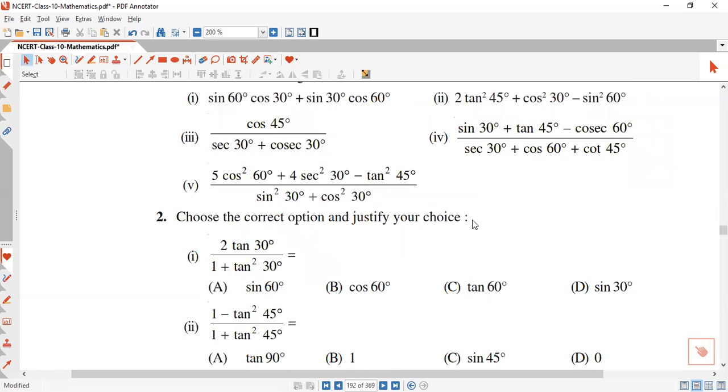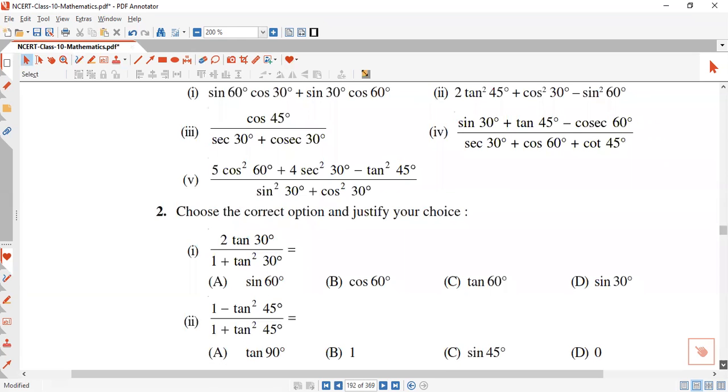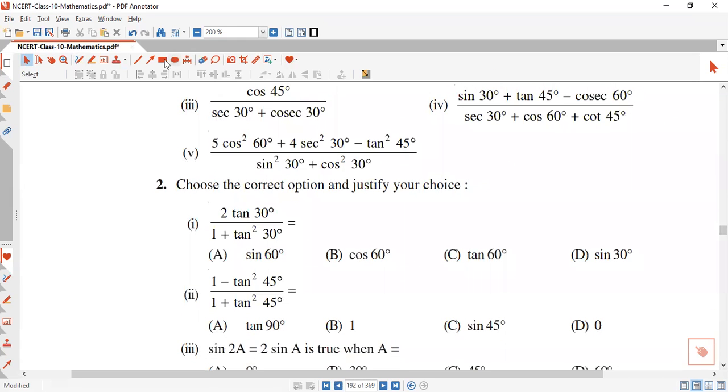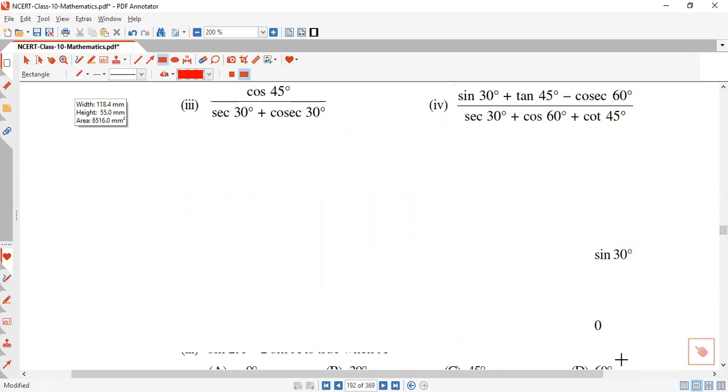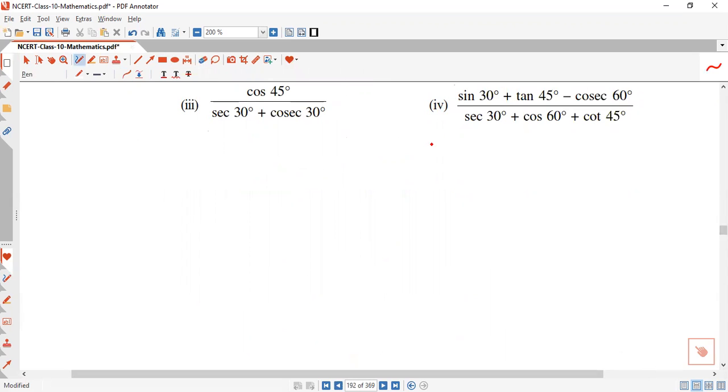Now I want to do part 4 of this question number 1. Put the value first. Sine 30 degree, the value is 1 by 2.